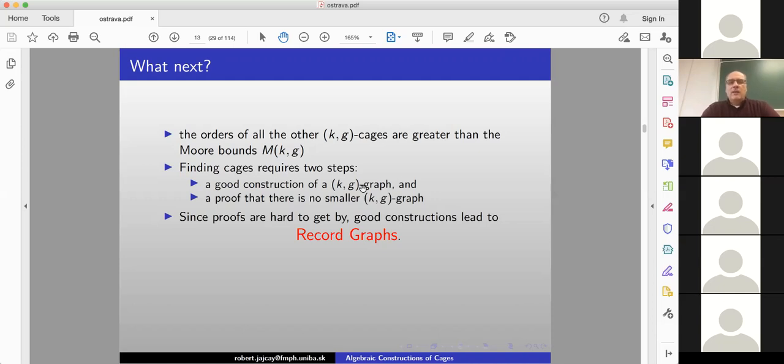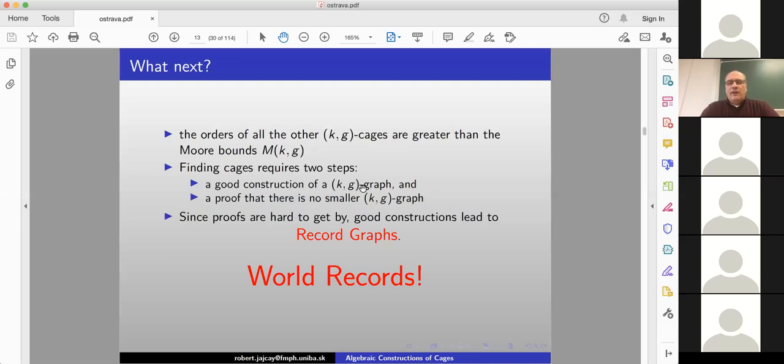We can compare these numbers. So if you have several people trying to construct a smallest KG graph for a specified pair K and G, then they can compare the orders of the graphs they obtain, and the smallest of them is called a record graph. Yeah. So this is a part of mathematics where you can have a world record.